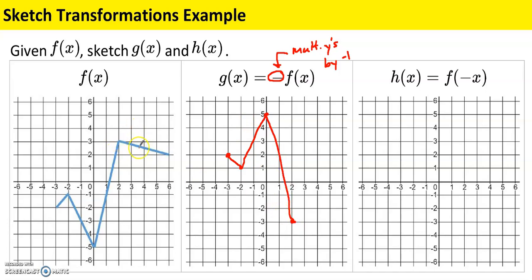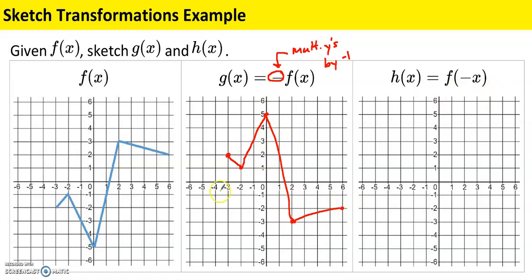And the final line segment in f of x ends at 6, 2. We should end this graph at 6, -2. And there it is. Now, it's poorly drawn there. It wasn't the straightest line segments there, and that's okay as long as you indicate clearly what we're dealing with.